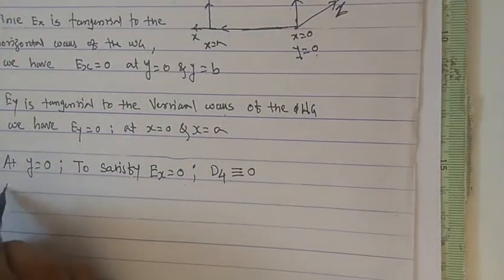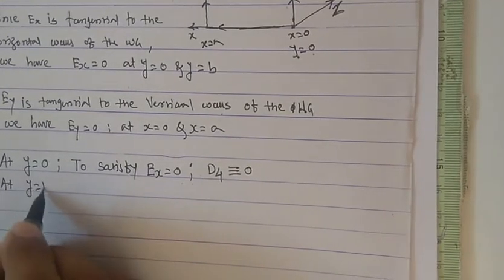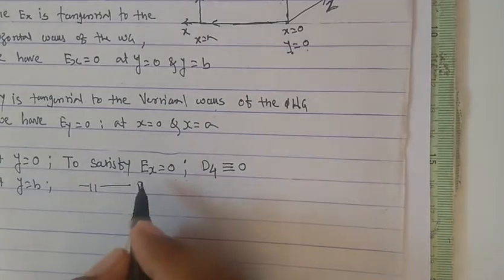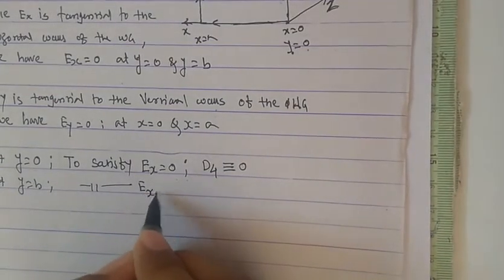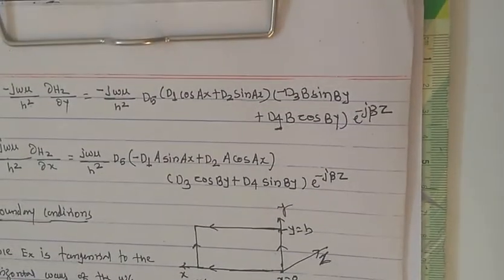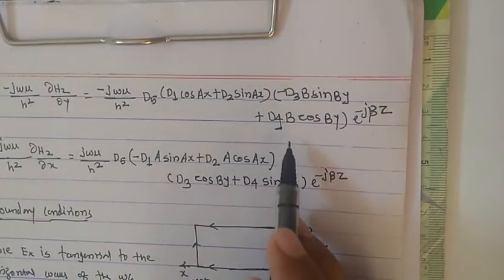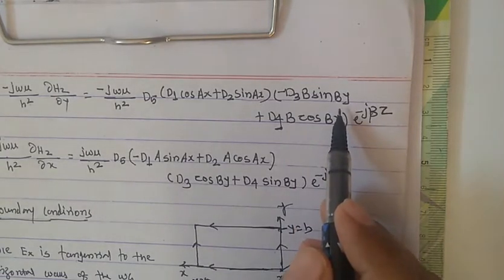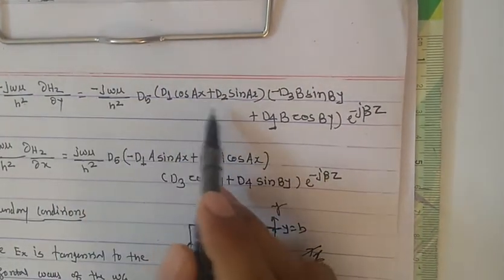At y equal to b to satisfy Ex equal to 0, now see this. Already you have said that this will be 0, so don't consider this. Now at y equal to b to satisfy this equation has to be 0. When this will be 0?